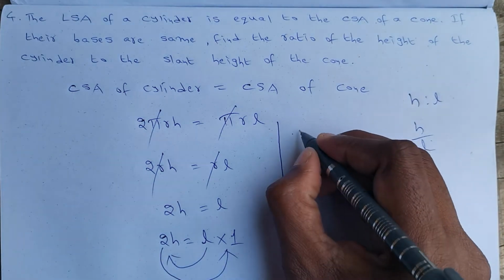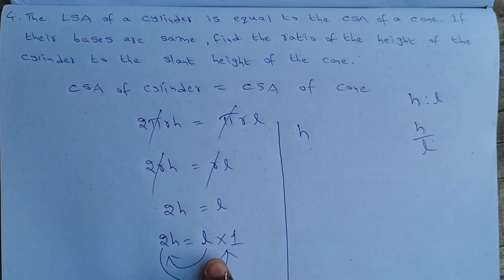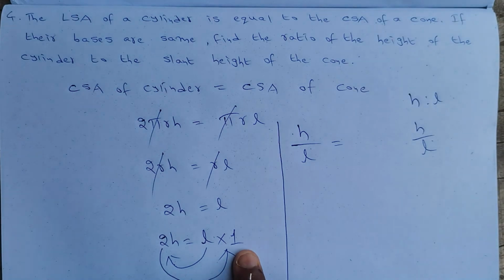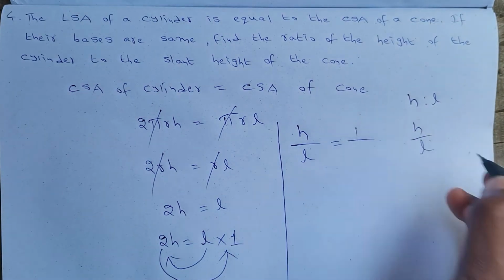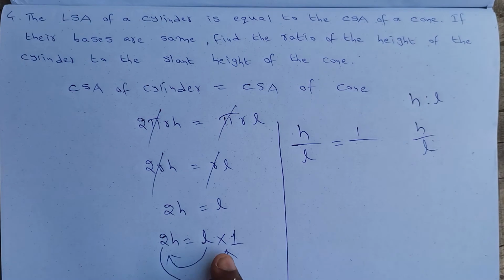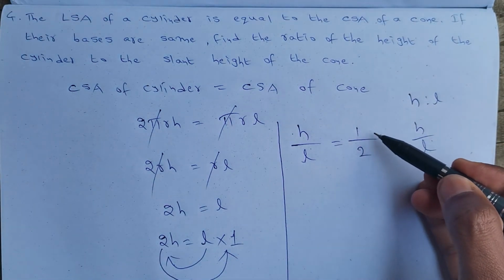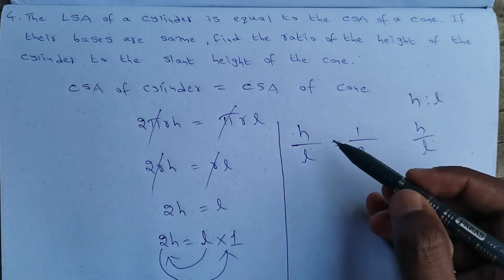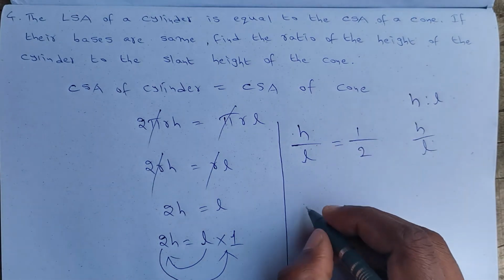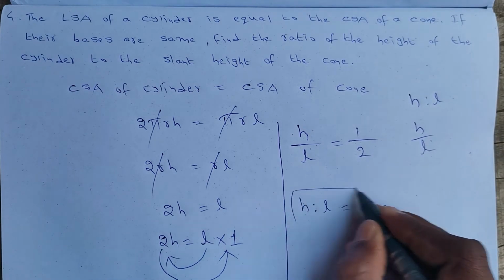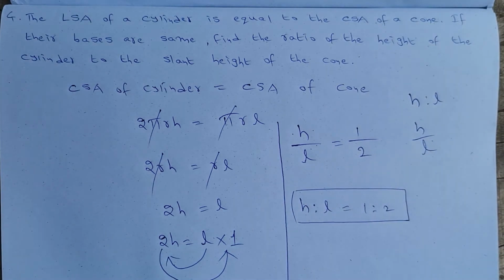So H as it is in the left side, L, if we take to the left side, it will become division, is equals to 1 as it is, divided by 2 we are bringing to the right side, so it will become division. H by L is equals to 1 by 2. So the ratio of H is to L is 1 is to 2. So the ratio of the height of the cylinder to the slant height of the cone is 1 is to 2.